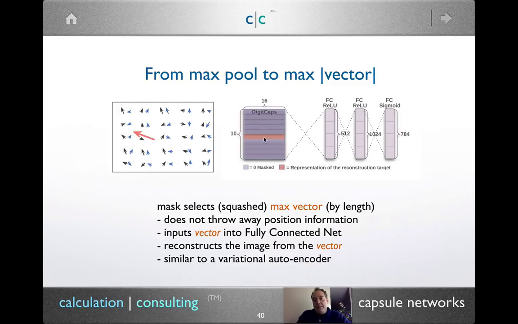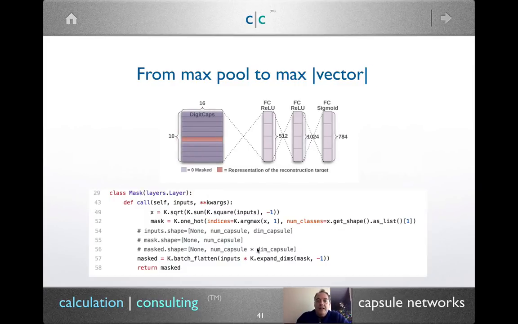This is our maximum vector. We mask it. We run it through our autoencoder type architecture, and we come back to the original size and reconstruct the image. The idea is that we replaced max pooling with max vector. So we didn't really get rid of it. We just changed it. Let's take a look at the code. Again, pretty simple.